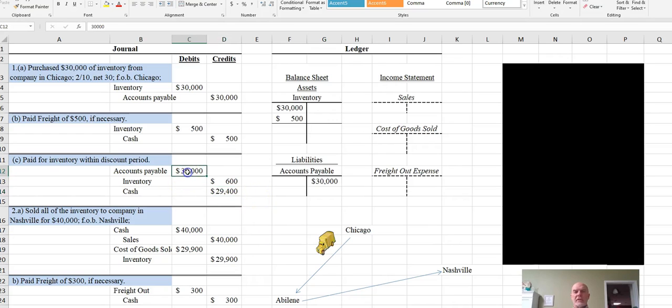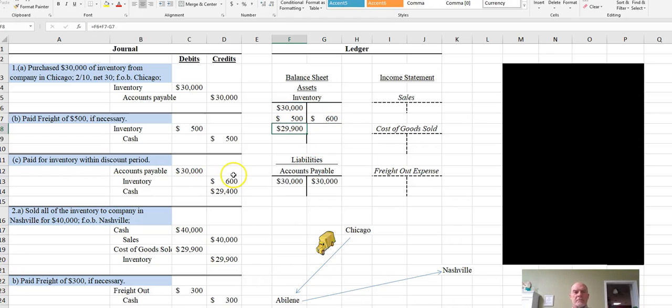That eliminates the entire $30,000 liability, and the $600 discount is offset against the cost of the product. And so now the net cost of all of this is the original cost plus the freight in minus those purchase discounts, so $29,900.